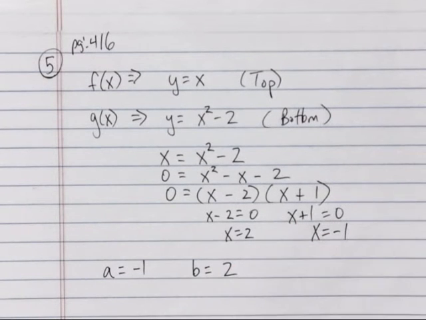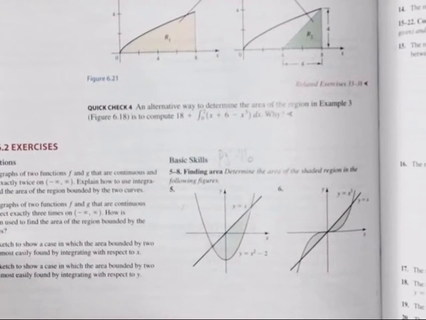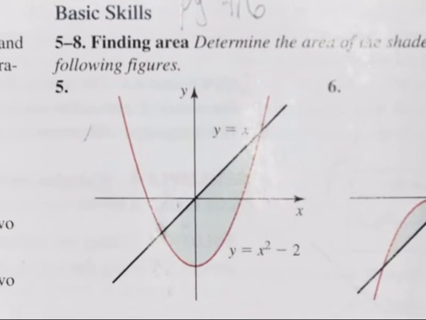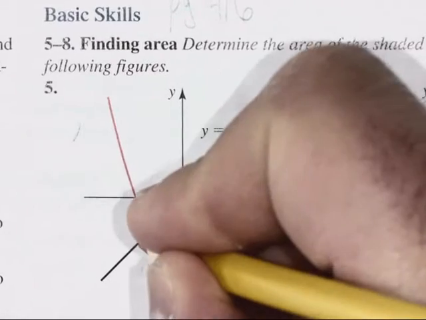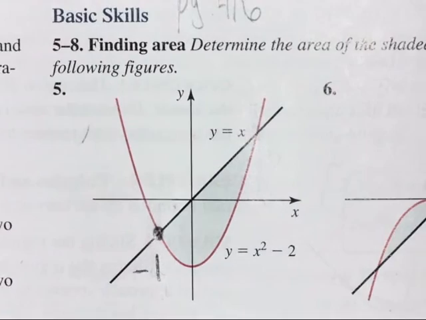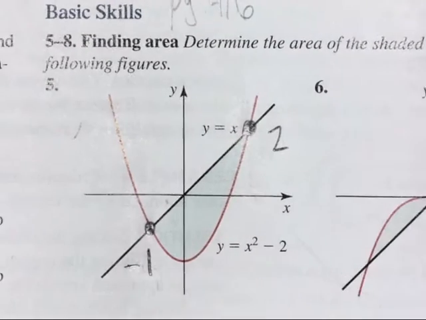Okay, so let's shift back to our graph just to make sure this all is making sense here. If we go back to 5, just to have a sense of the graphical interpretation of a and b. We know that this intersection point here is -1, and then this intersection point here is 2.